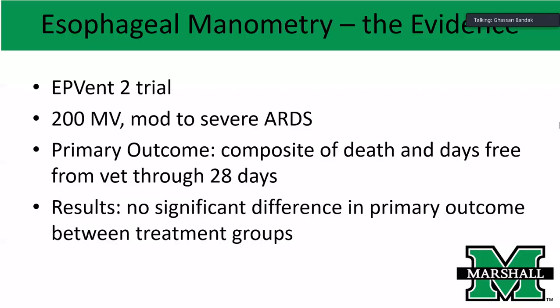The way I interpret that is you do not need an esophageal balloon in everyone, okay? There are certain people where you suspect that measuring a plateau pressure alone is not enough, and you may want to get more PEEP. You just need to be sure you're not causing harm, okay? And in this patient population, I would still use an esophageal balloon. The EPVent-2 trial showed that there was no benefit if you use it on everyone.